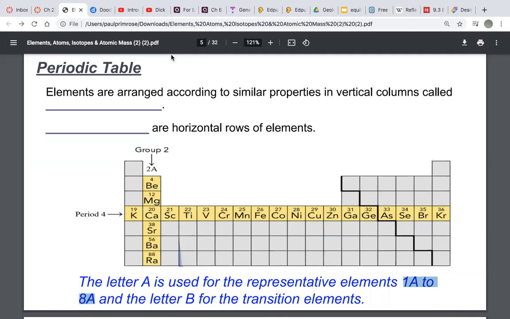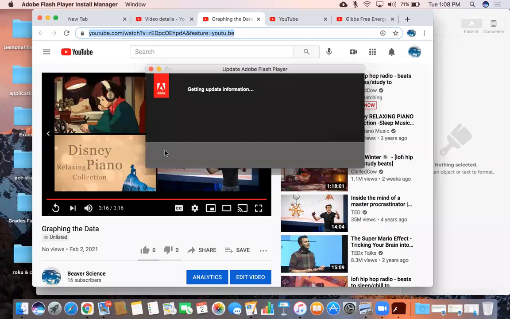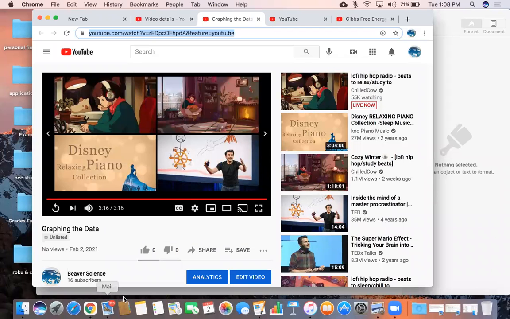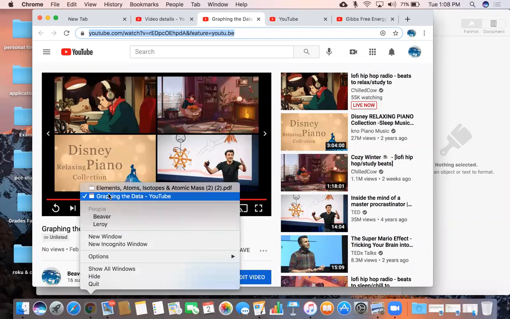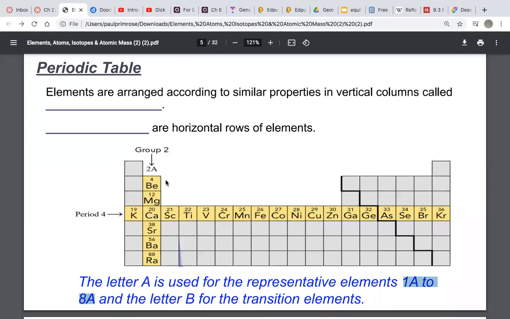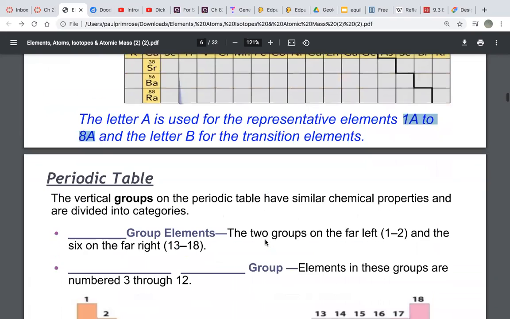They're called the transition metals because they tend to be a little bit more finicky as their properties go and what charge they have. They're not as predictable in terms of what they'll do or how they'll behave. And there's some cool things, and a lot of our catalysts are in this transition metal zone.